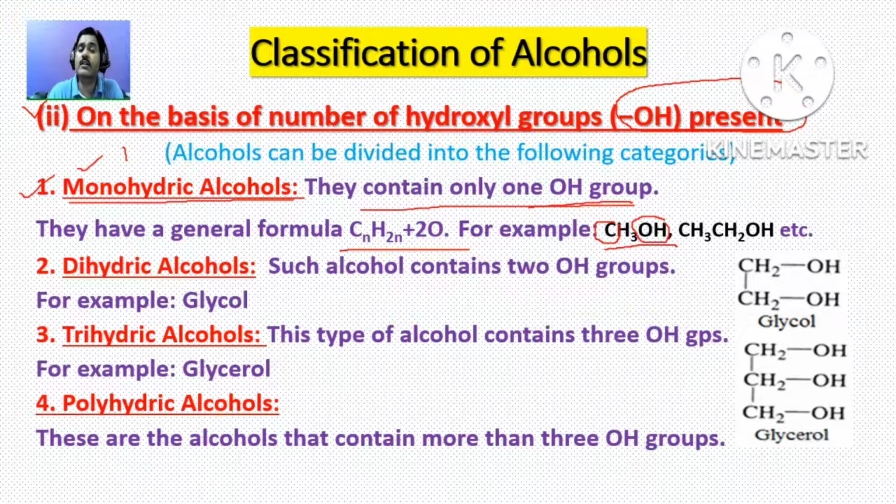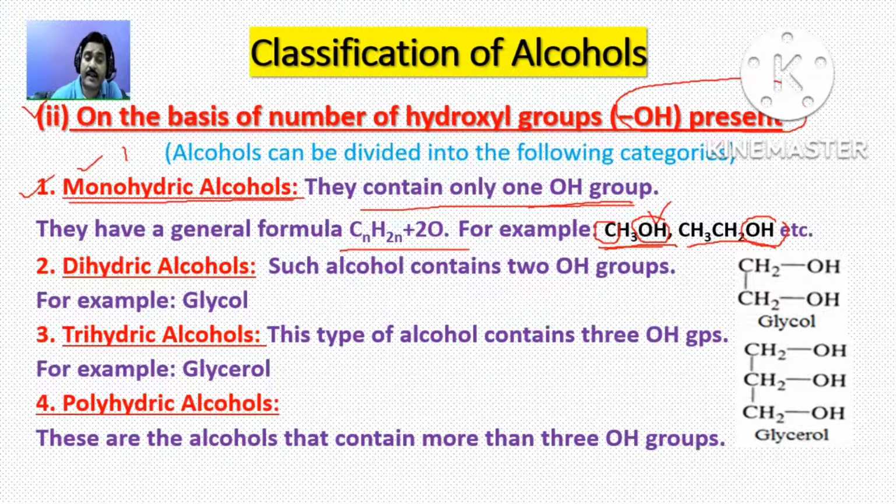This is the classification of alcohols based on the number of OH groups present in the compound. In methanol only a single hydroxyl group is there. Ethanol also has one hydroxyl group. So these are called monohydric alcohols.